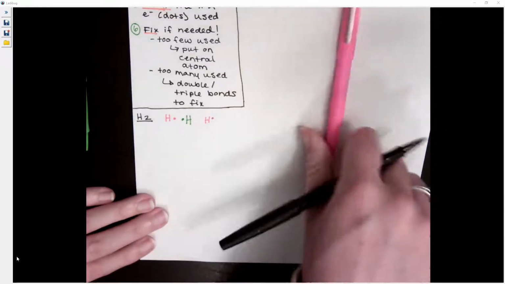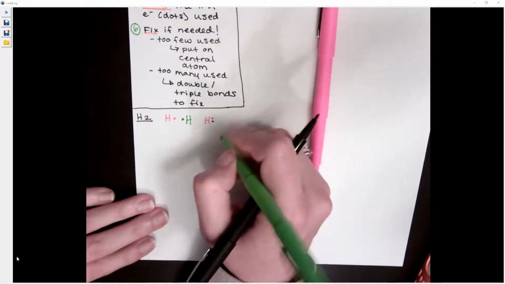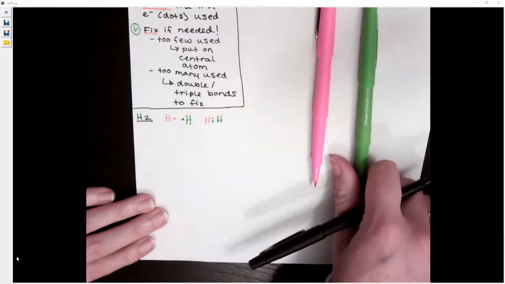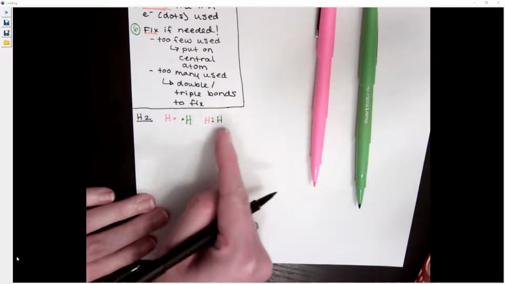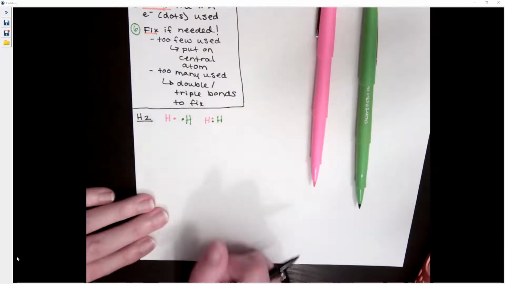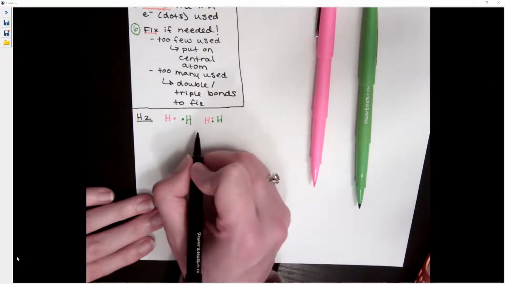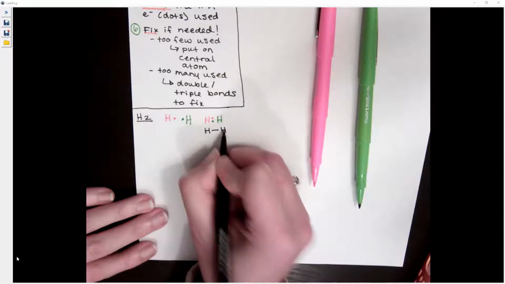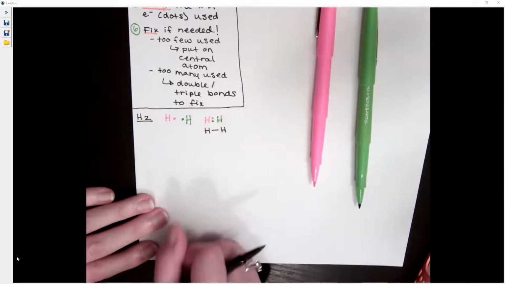I'm color coding some of these just for the purpose of learning how to do it. I don't expect you to color code your structures on homeworks or anything. We squish them together. We keep the electrons lined up, remember, on the sides of a box. Sometimes we don't want to have to draw the dots, so we can replace them with a line. A single line is the same as 2 electrons.